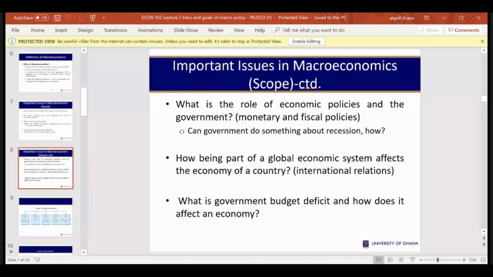How being part of a global economic system affects the economy of a country is also very important as economics students. Why do we hear that the Russia-Ukraine war is impacting the reason why prices are increasing? Addressing these issues all falls under macroeconomics.